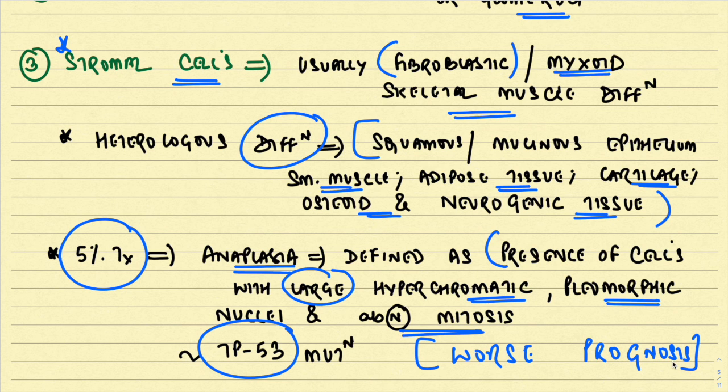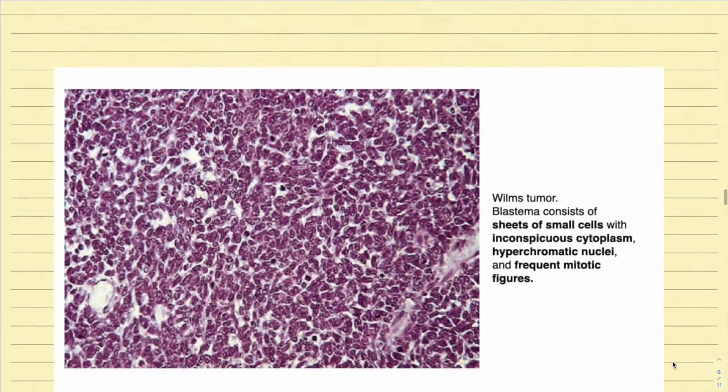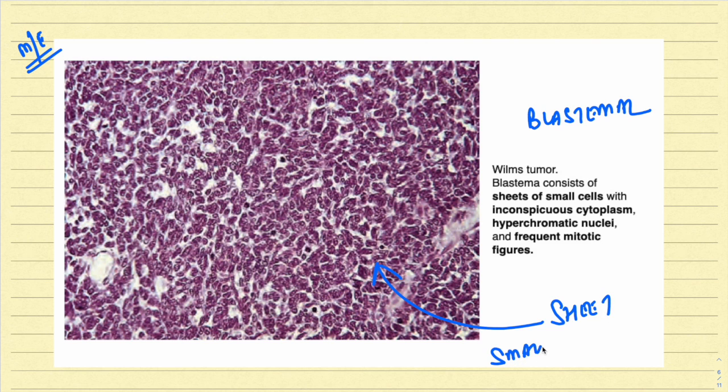So let me just take you through and describe the histological features, how it looks under the microscope. Coming to the microscopic examination of the Wilms tumor, as we can see, this is the first element, the blastemal element. As you can see, there are classical sheets of small round blue cells, which constitute the primitive blastemal component.